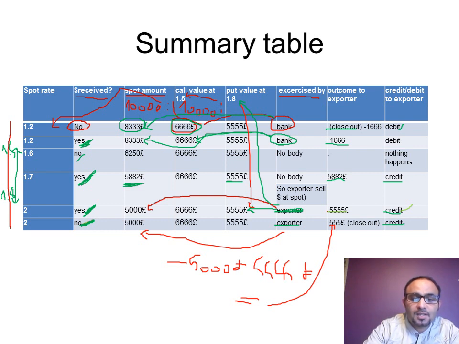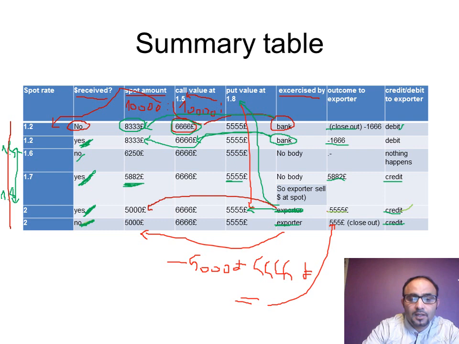So if he exercises his rights, he will get 5,555 for the dollars he received. If he does not exercise that right, he will get simply from the market £5,000. Now, does he want to do that? Of course not. He will exercise his option with the bank. So that will make him get an amount of £5,555 from his bank, and that is considered as a credit situation, which is nice.